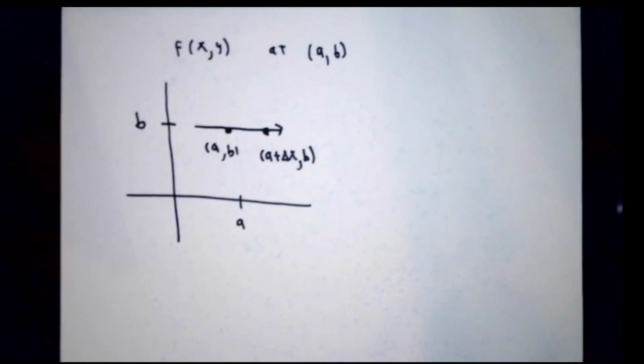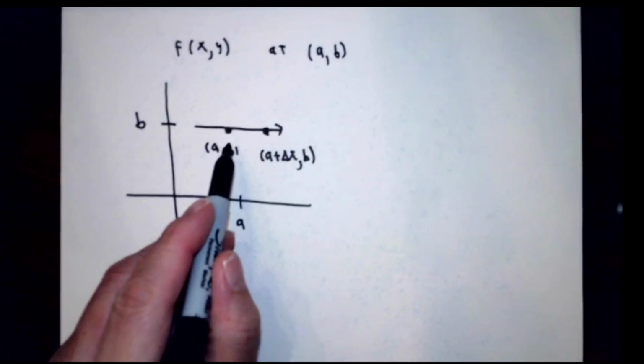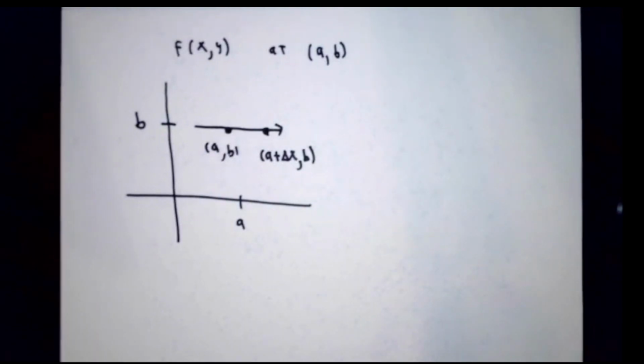The distance between the 2 points that I've marked is just delta x. I'm going to write down a difference of 2 function values at nearby points, one of which being the point that I'm interested in. Then I'm going to divide by how far apart the 2 points are, and this will approximately be the rate of change in this direction.